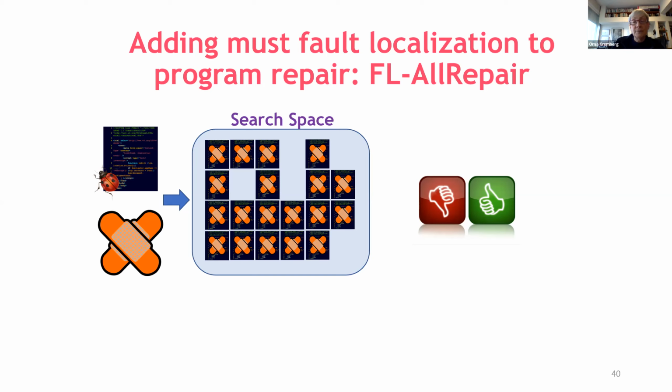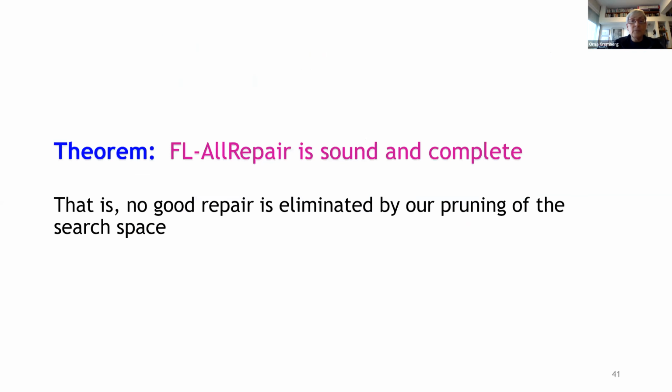And as before, if the program is correct, then we eliminate the ones which are non-minimal. And we could prove that the fault-localization-based repair is sound and complete, in the sense that we do not lose any repair that we could get by the AllRepair tool. We didn't lose any.